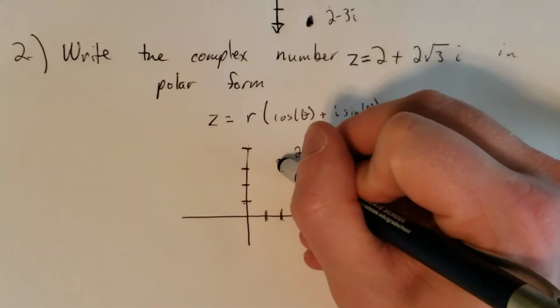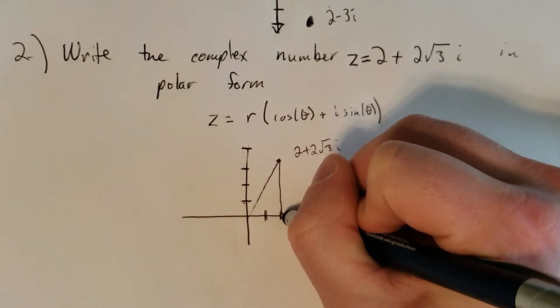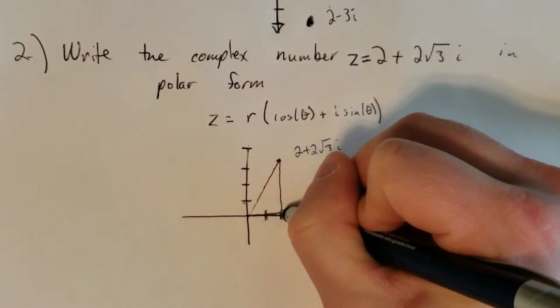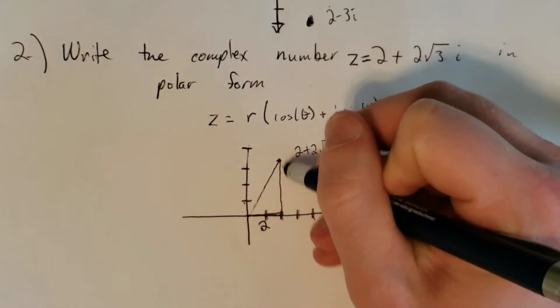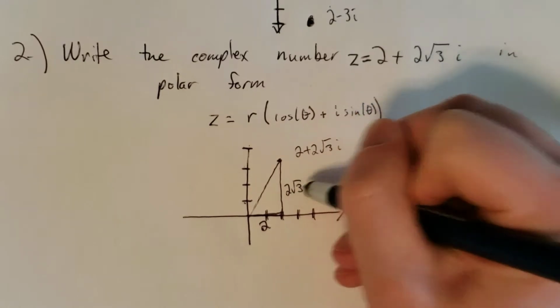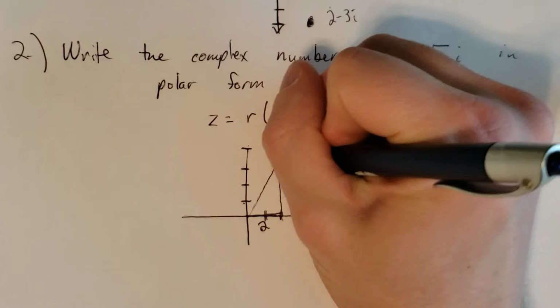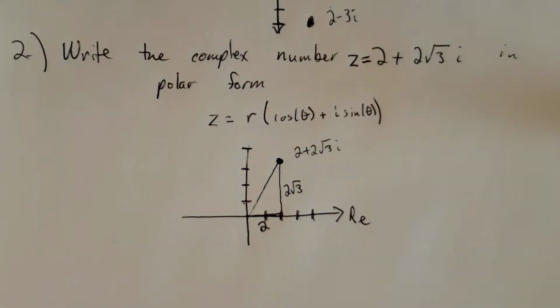Now, if we draw a right triangle here, what we have is a triangle with side length 2 and with side length 2 square roots of 3 here. And really we're trying to find the polar form of this point.